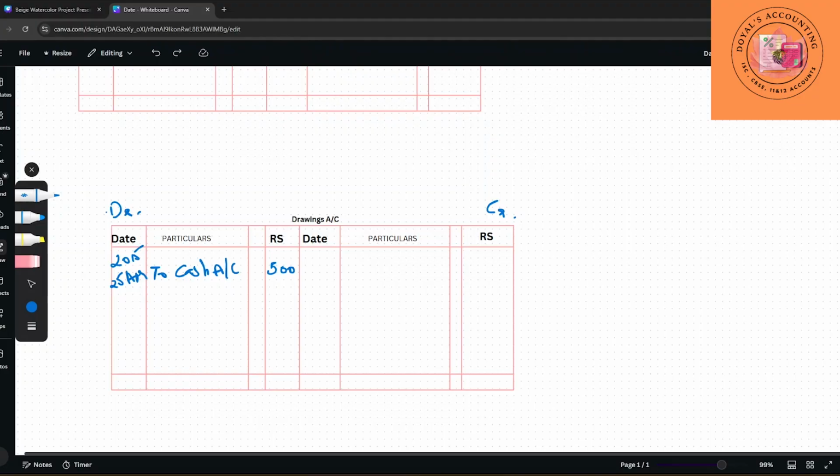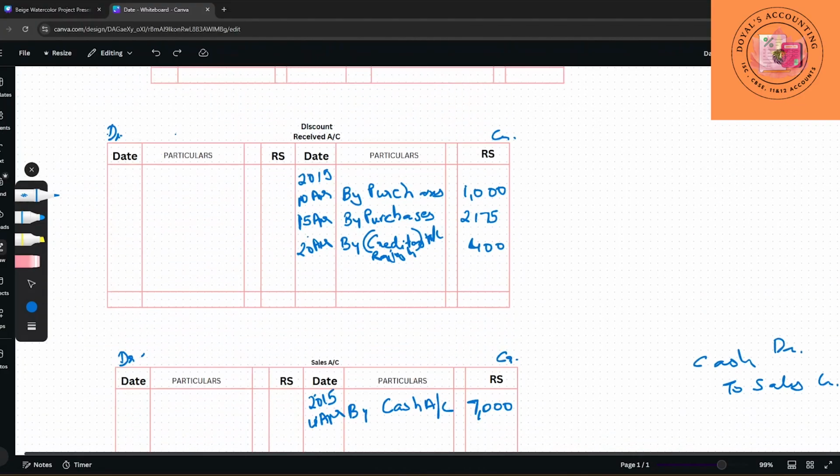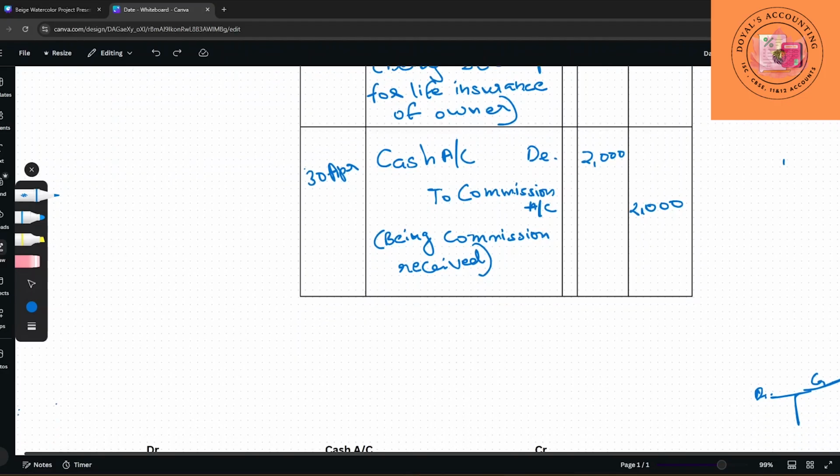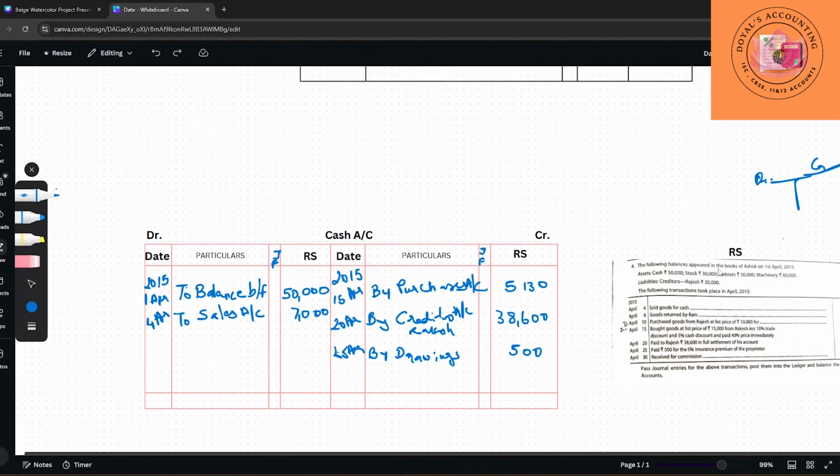Next transaction was commission received of rupees 2000. So cash account debit to commission account. Let's record it here. 30 April to commission 2000.